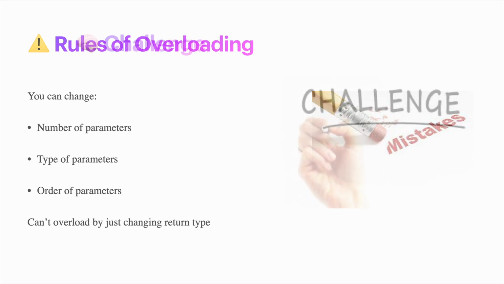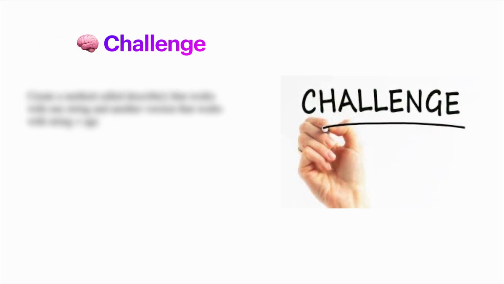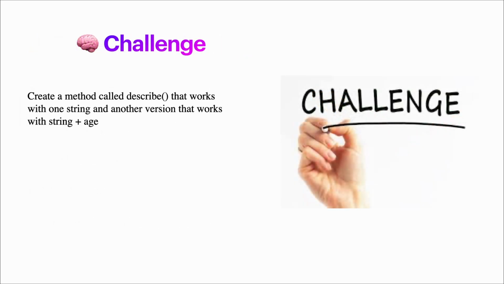All right, next up, I have a challenge for you. I need you to create a method called describe that works with one string, and another version that works with a string plus age.